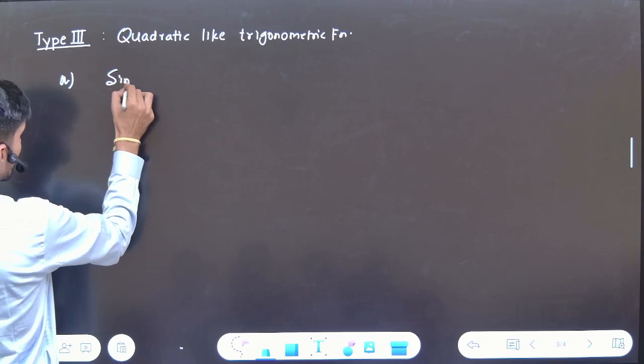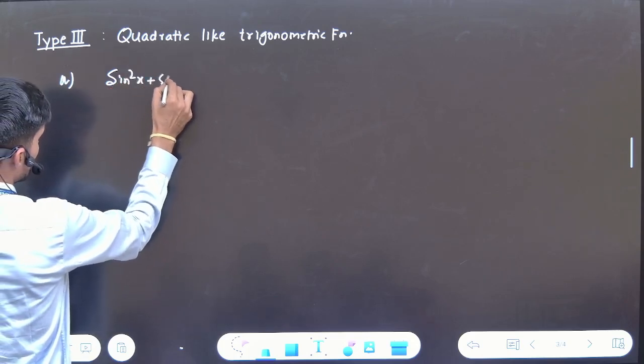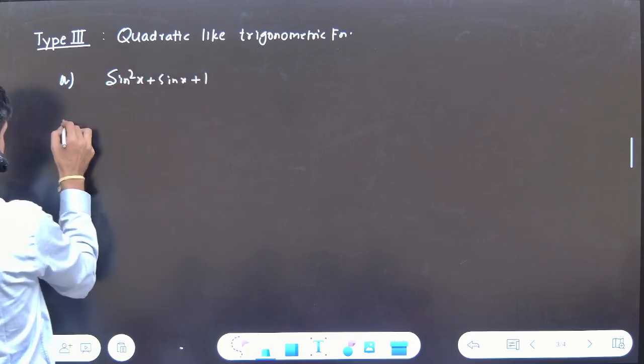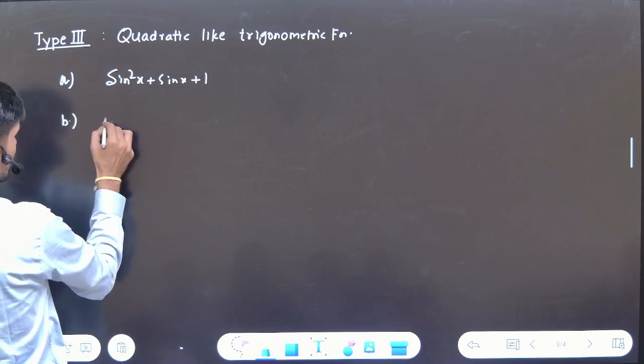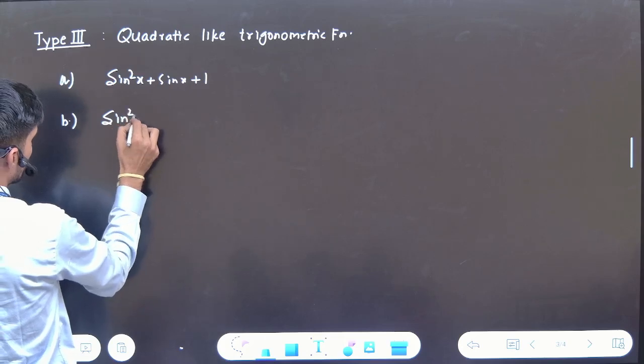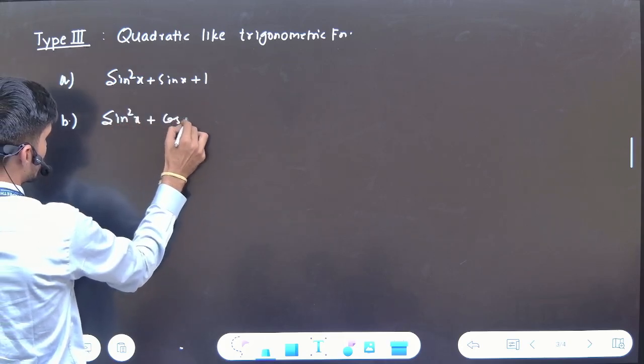Suppose I am asking: find the range of sin² x + sin x + 1. Or I am saying: find the range of sin² x + cos x.